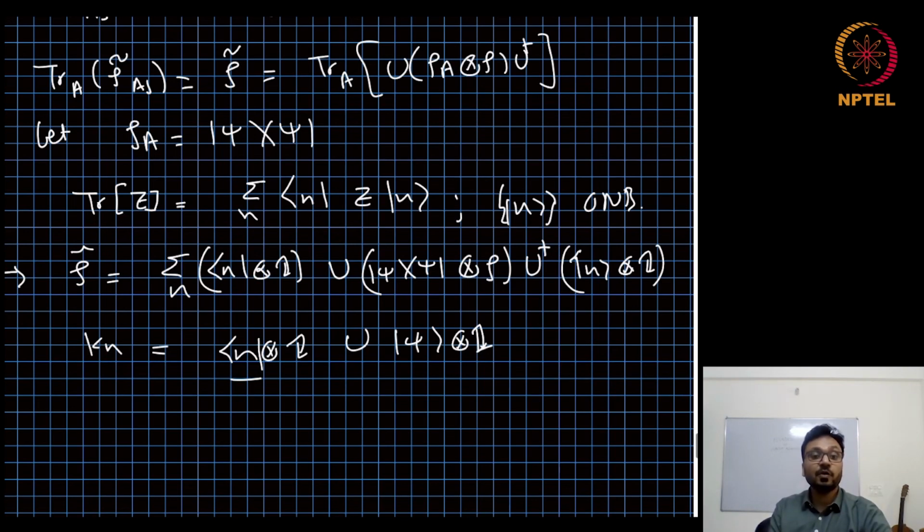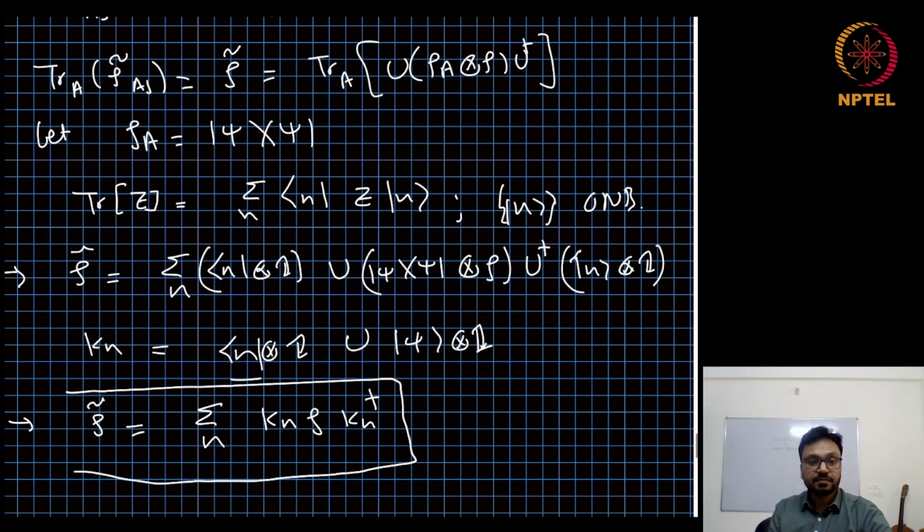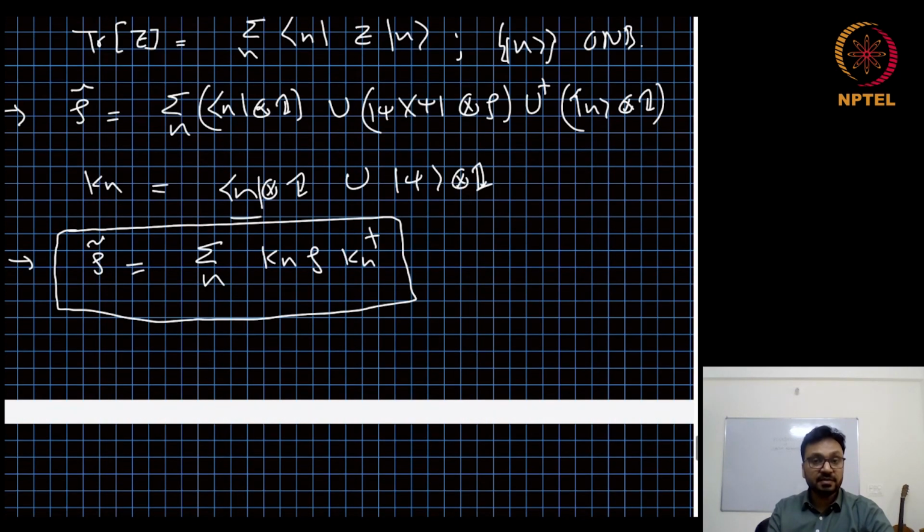So Kn are the operators acting on the system. With this definition, we can see that rho tilde is sum over n Kn rho Kn dagger. So in that way, every physical process is represented by the unitary operator U and the ancilla state psi. We can always get an operator sum representation. Hence, it's a completely positive map.